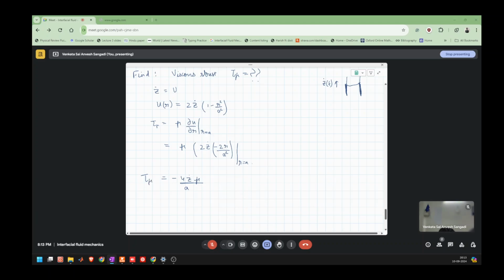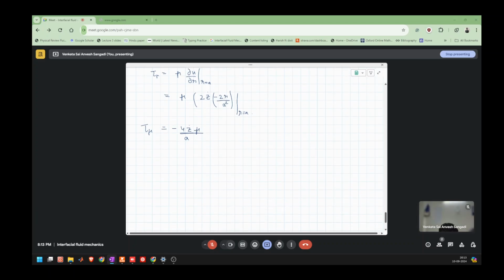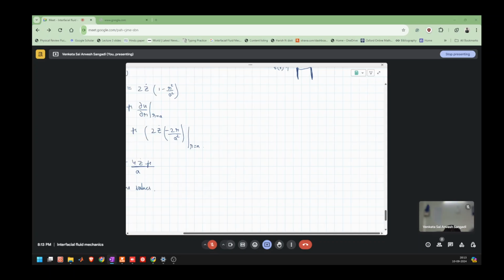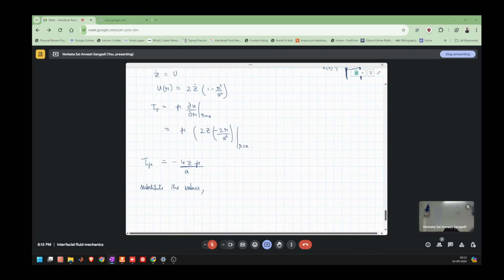So if we substitute the values, we know Z dot of T is d by dt of Z, which is d by dt of 6t plus 7.